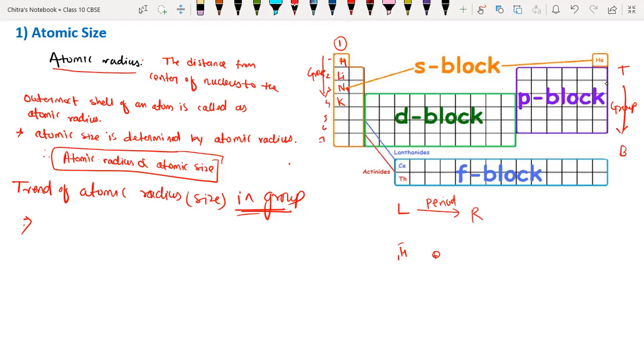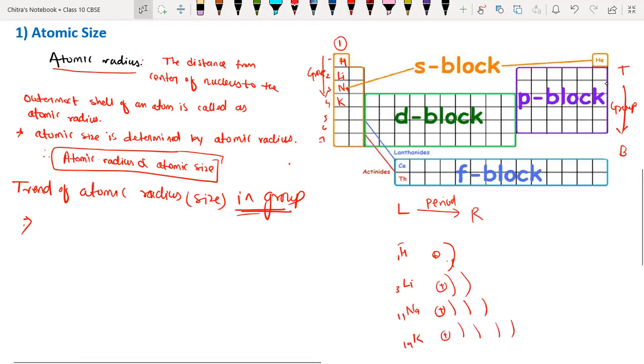Lithium has atomic number 3, so it will require two shells. Sodium has atomic number 11, so it will have 1, 2, and 3 shells. Likewise, potassium has 19 electrons, so it will require 1, 2, 3, and 4 shells.